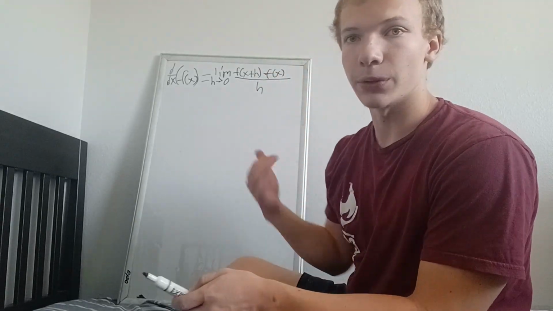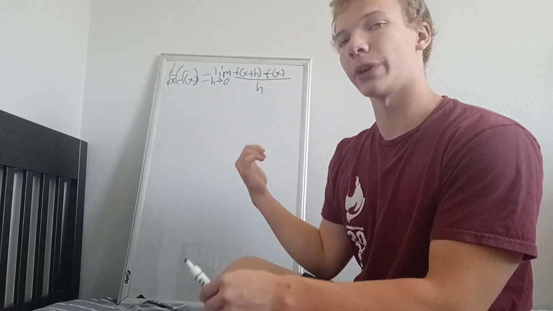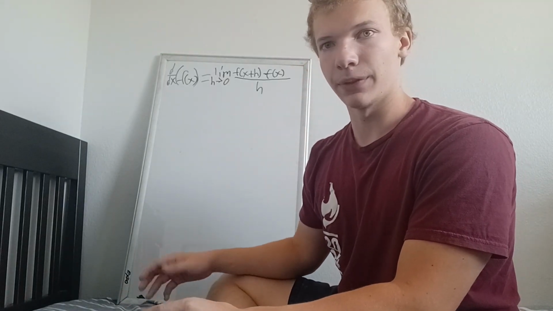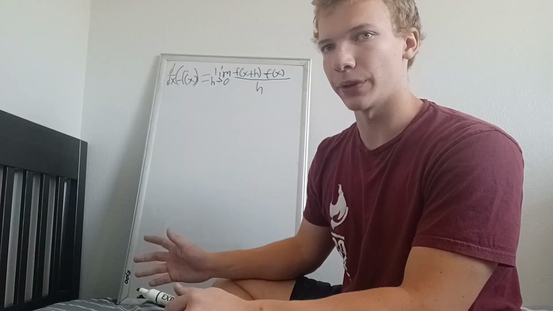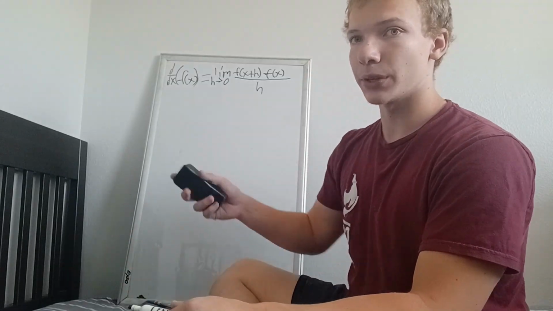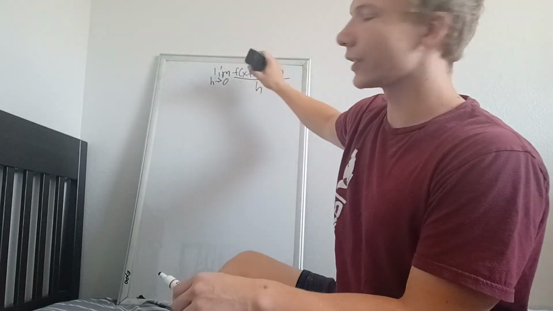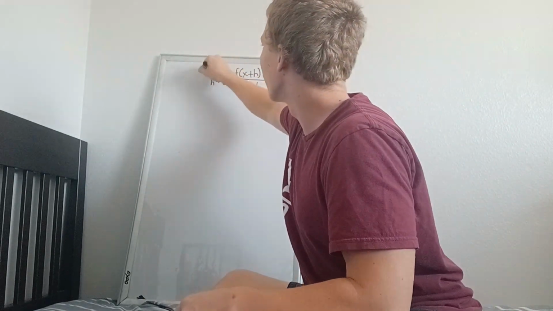Okay, so what the heck is this thing, right? This is called the difference quotient. It defines the derivative of any function that has a derivative. Okay, so let's just keep this on the board in the corner to think about.